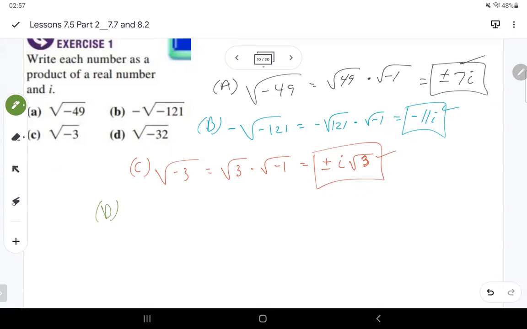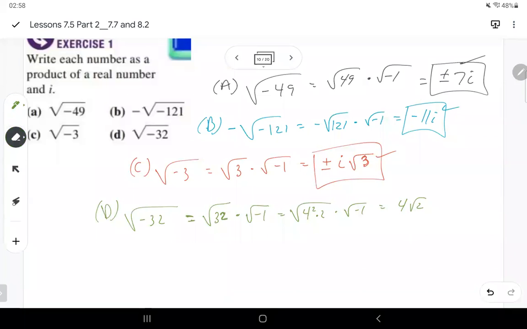Now, 32 can be simplified a little bit, so that's going to become 4 squared times 2. So 4 square root of 2. We're actually going to leave a little bit of space here, and we're going to do plus or minus 4i square root of 2. That is the complete true answer there. Right?